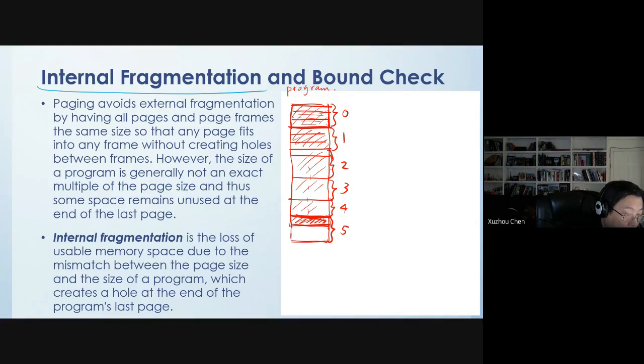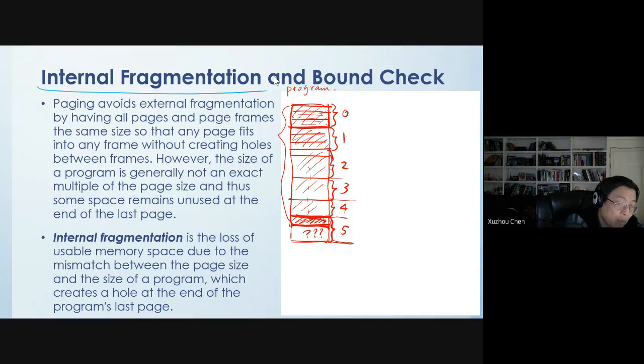I apologize, when I draw this it looks like different sizes, but pages 0, 1, 2, 3, 4 are all the same size. And also page 5. Because the program size is from here to here, there is still some space over here that is not assigned. And this is called internal fragmentation.